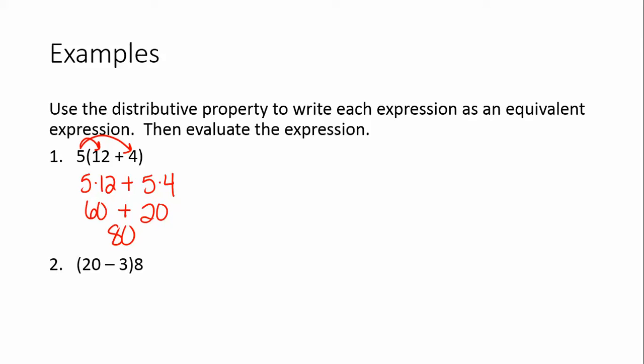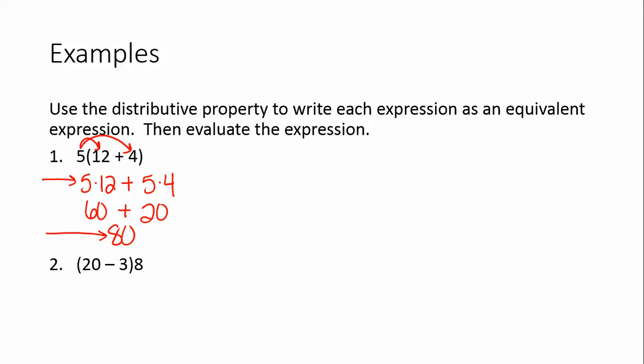So the equivalent expression is this 5 times 12 plus 5 times 4. We are evaluating it then by doing our multiplication first and then our addition. So I'm checking two steps. I'm checking for this step and I'm checking for this step.